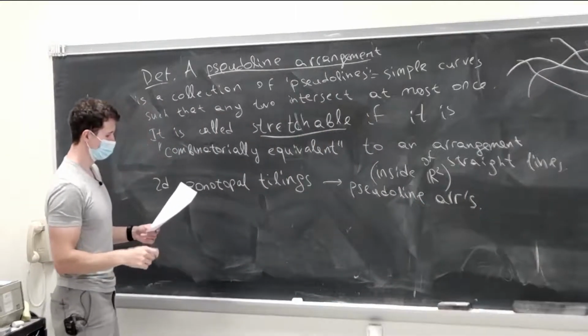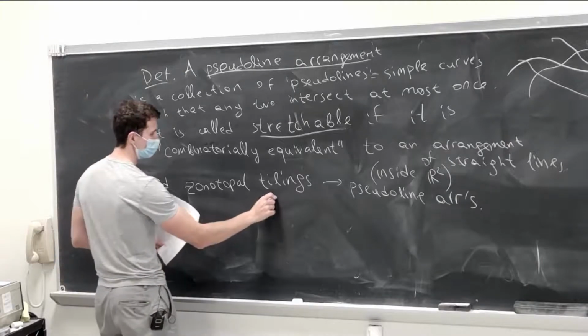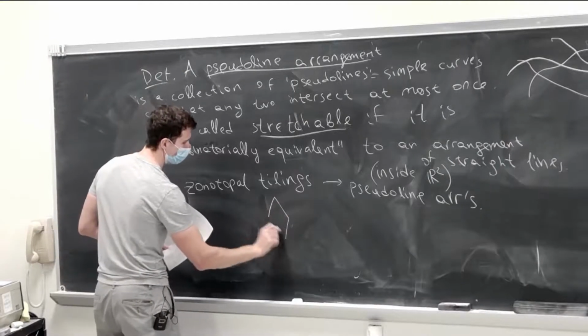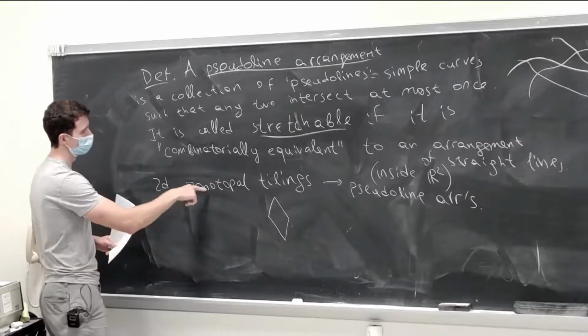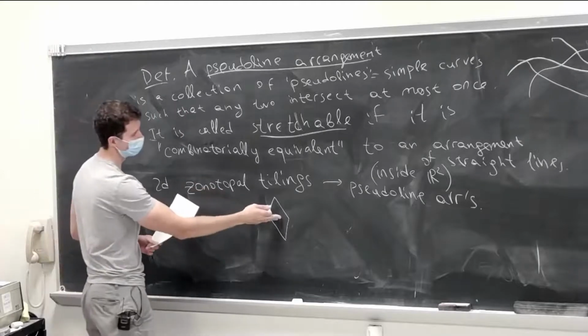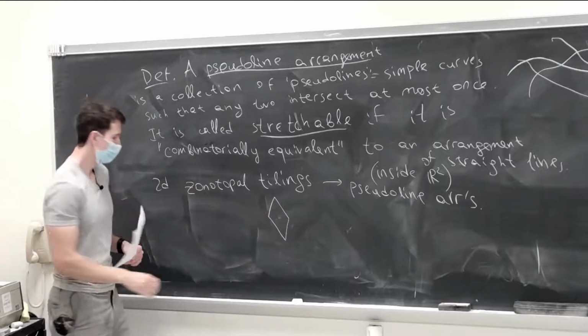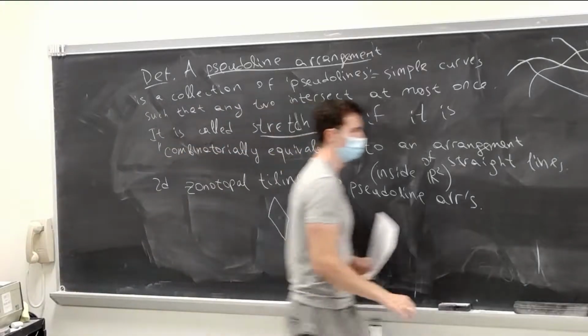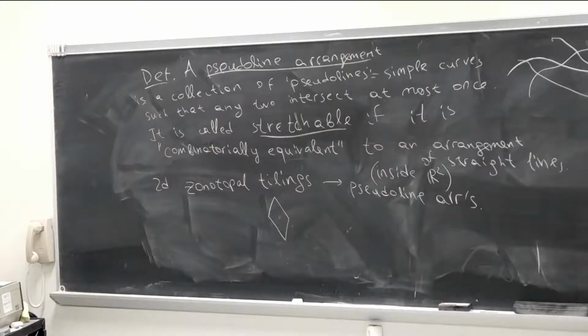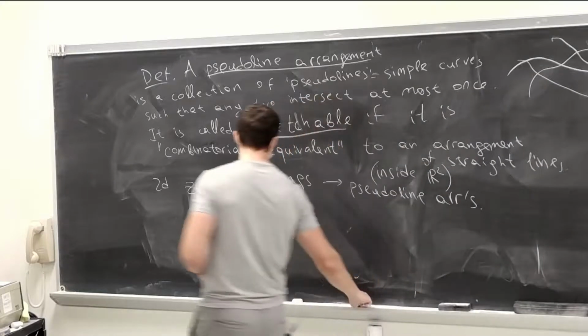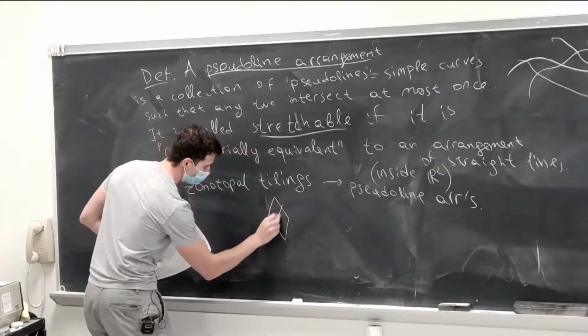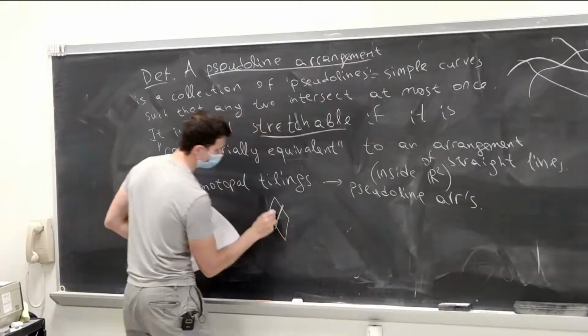And the idea is very simple. In zonotopal tilings, if it's fine, then you only see parallelograms. And you replace each parallelogram by two pieces of pseudolines. You basically connect the midpoints of the opposite edges.